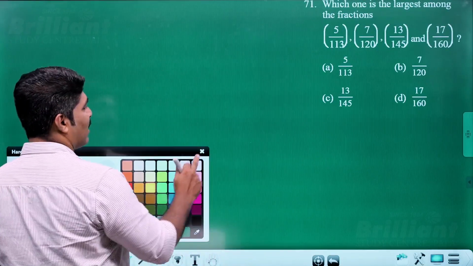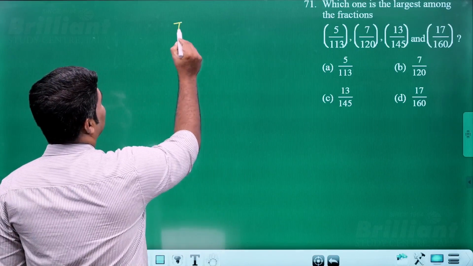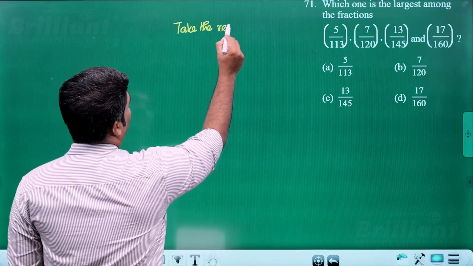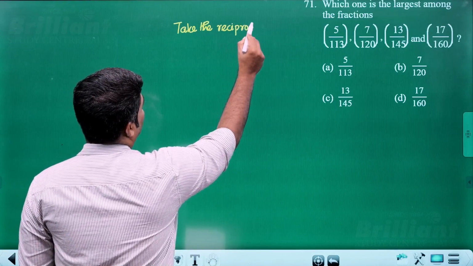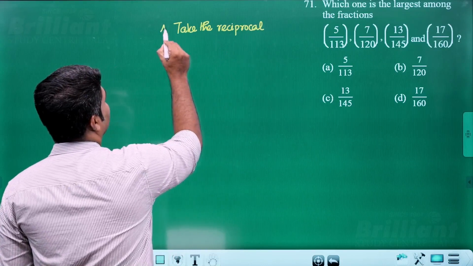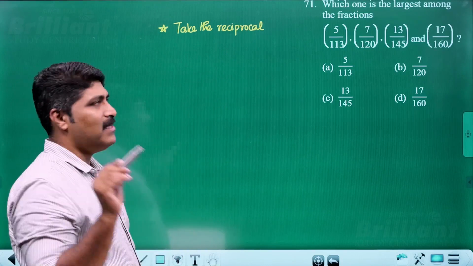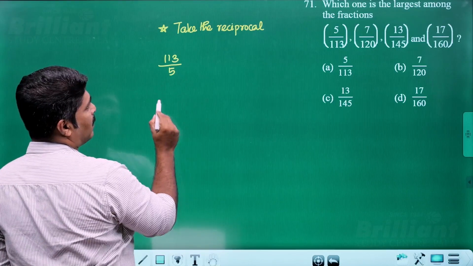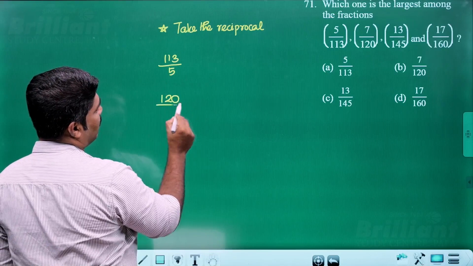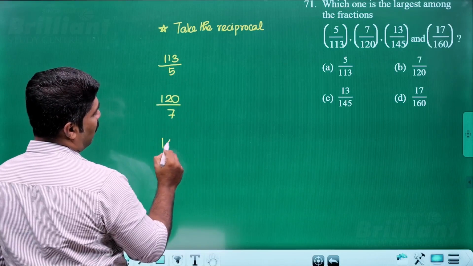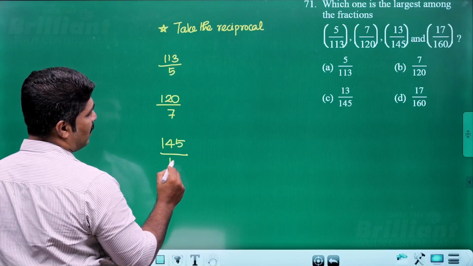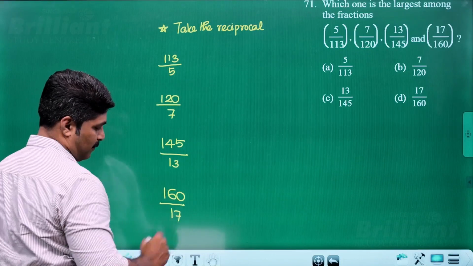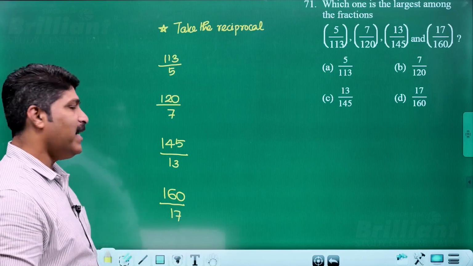That's the trick we are applying here. Taking the reciprocal, the first one is 113 by 5, the second one 120 by 7, the third one 145 by 13, and the last one 160 by 70. That's it. Is it difficult to divide?